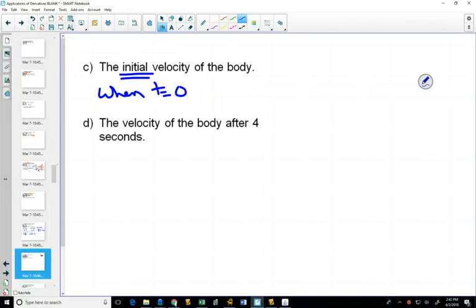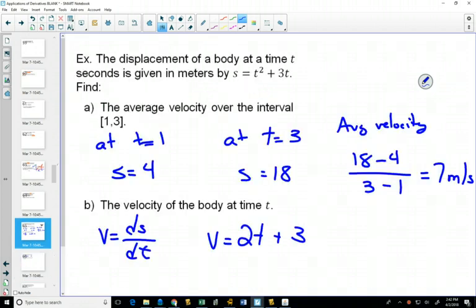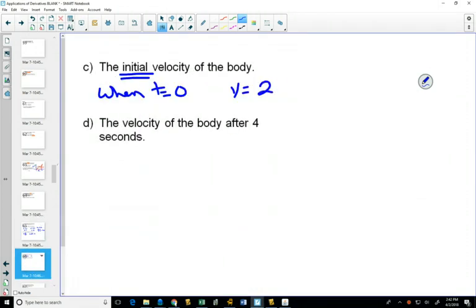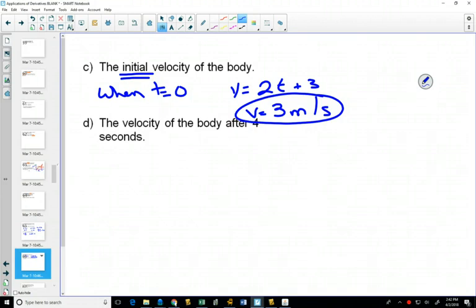So our initial velocity, if we go to our velocity equation, which was 2t plus 3, at t equals 0, our initial velocity is 3 meters per second. If you wanted to find the velocity after 4 seconds, you'd plug in 4.